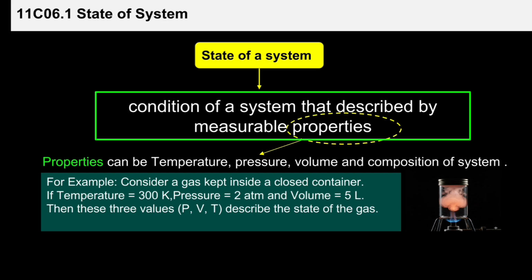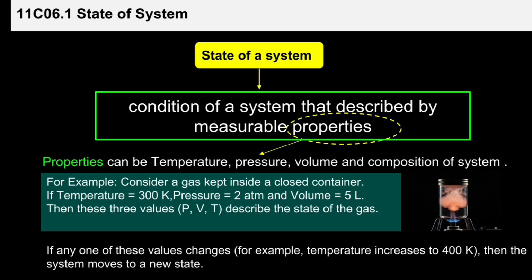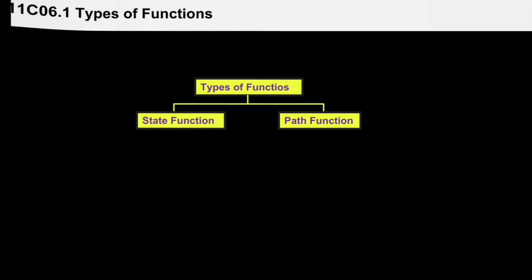If the temperature of the gas is 300 Kelvin, pressure is 2 atm and volume is 5 liter, then these three values, pressure, volume and temperature, describe the state of the gas. If any one of these values changes, for example, temperature increases from 300 to 400 Kelvin, then the system moves to a new state.